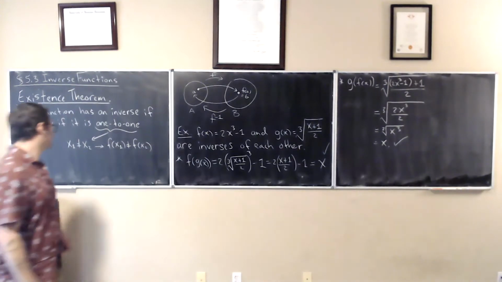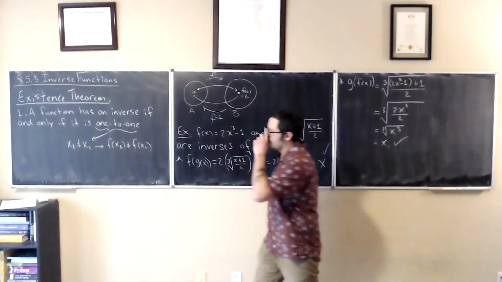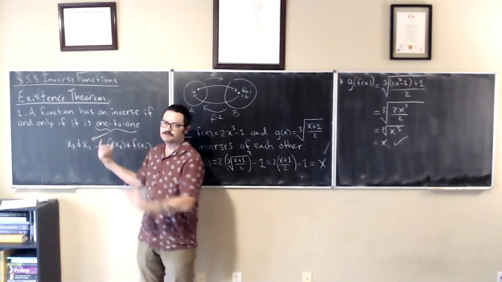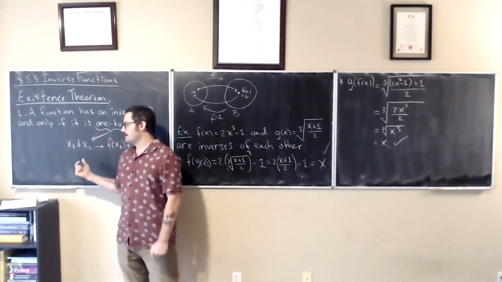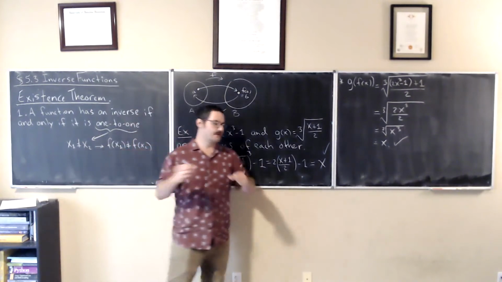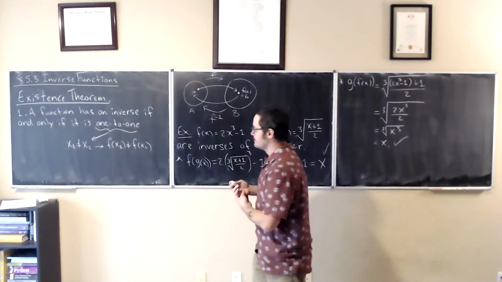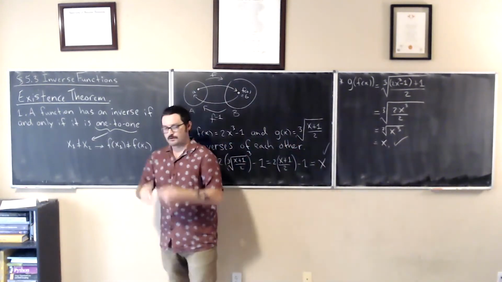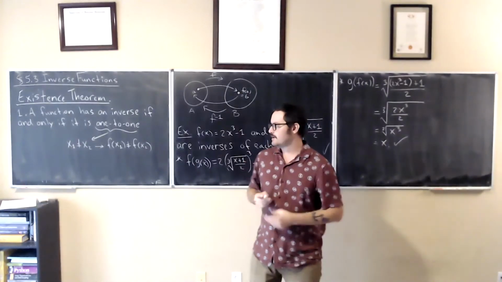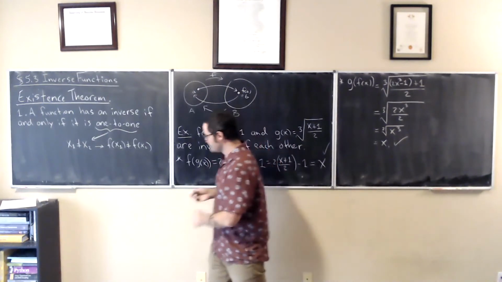Right, so if your inputs are different, then your outputs are different, which means that there's no repetition in the range of the function. If you put in this number and you put in a different number, they're not going to map to the same thing. So think of linear functions, right? Quadratics would not be 1 to 1 because there would be 2 different inputs that have the same output.